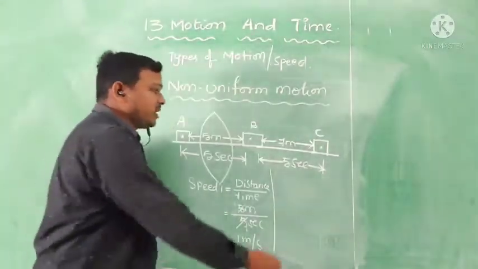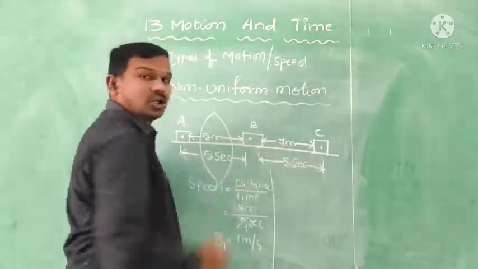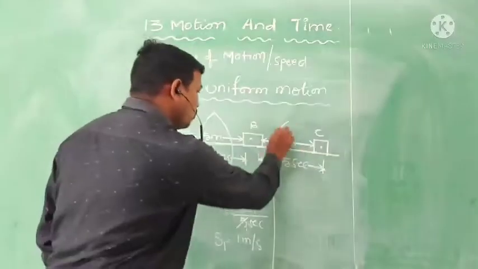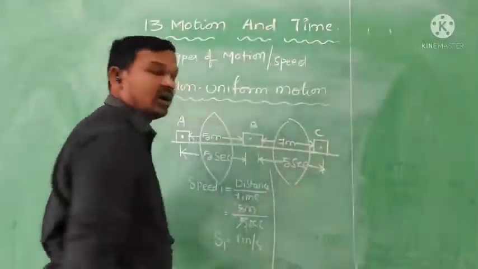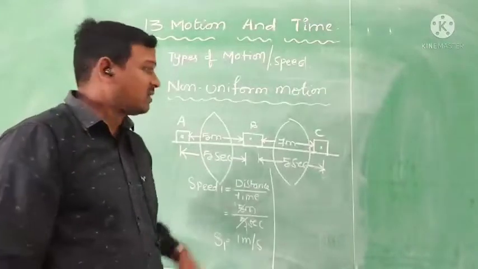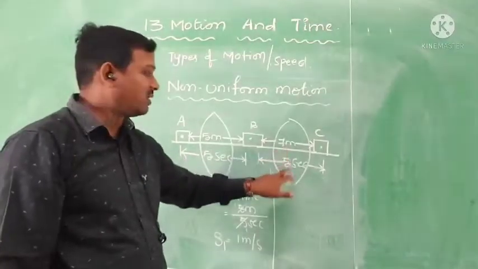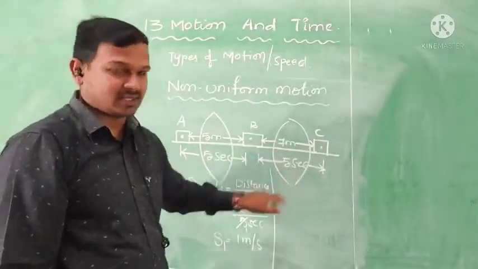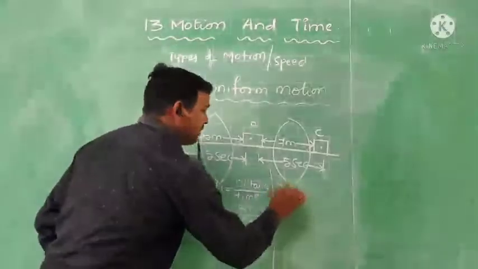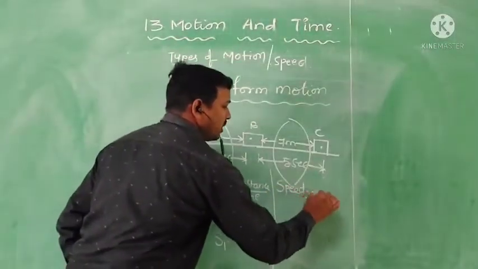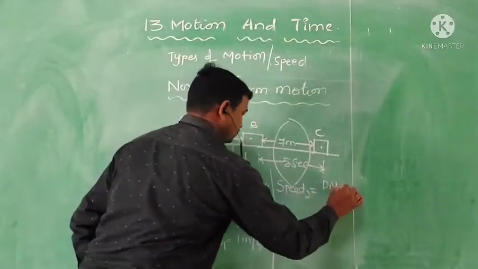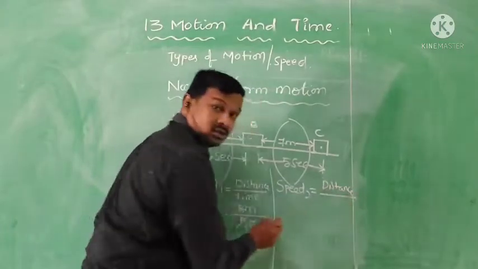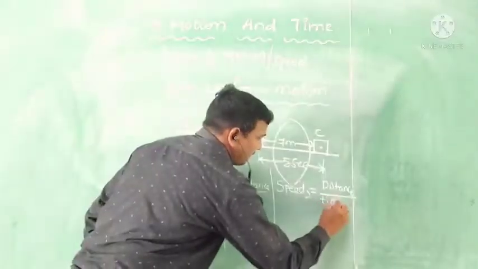Now I am moving to situation 2. In situation 2, what is the distance he covered? What is the time taken? He covered a distance of 7 meters in 5 seconds. Now what is the speed? Speed 2 is equal to distance by time.